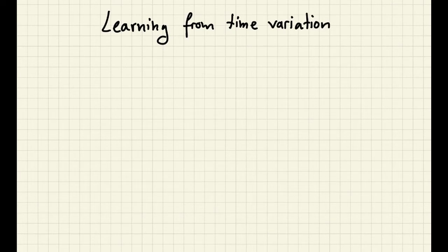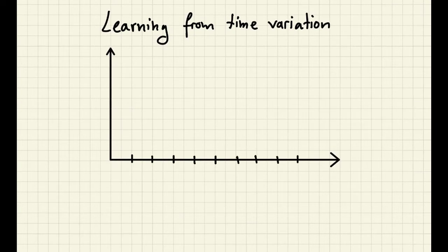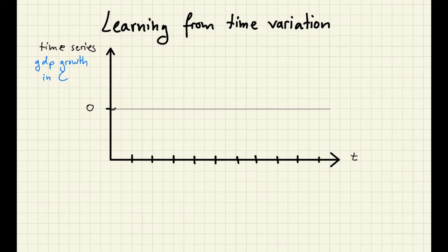Let's think about the evolution of an economic time series. As an example, we're considering GDP growth in country C. GDP growth can be positive or negative, so let's put in the 0 line. Let's put ourselves in the shoes of green guy.